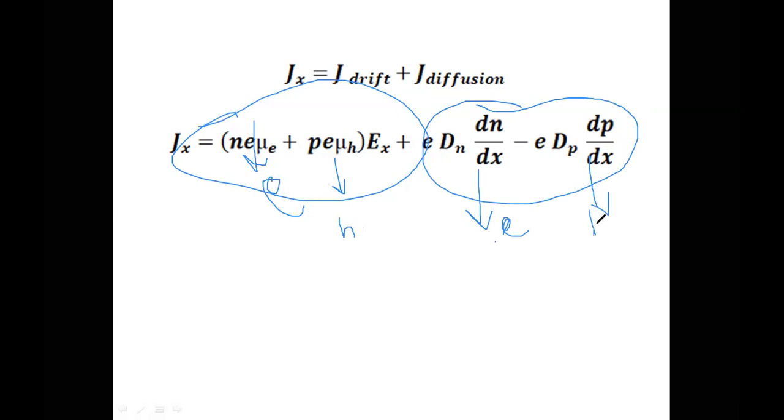Now we have the total current due to electrons and holes, from diffusion and drift. If you write the electron current together, that is drift current due to electrons and diffusion current due to electrons, and similarly the hole current due to drift and due to diffusion together, you will get the following equation.